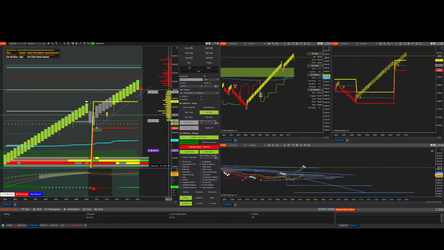Now again, you may want to take your size down when you do a counter trend trade. Like we may take it down to 3 instead of 6 contracts. That's what we're going to do.